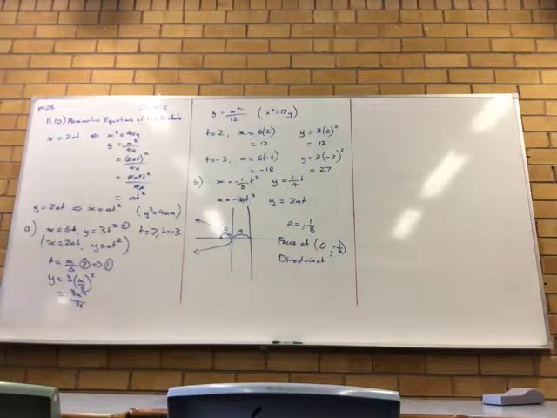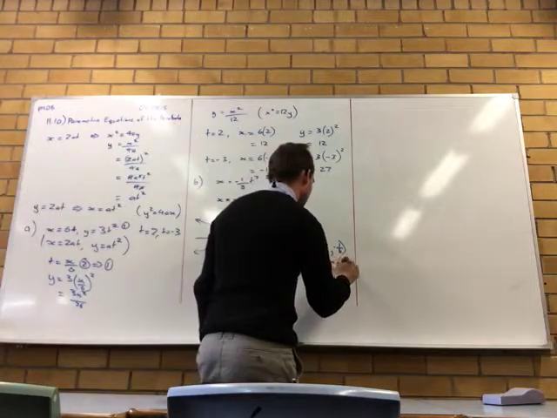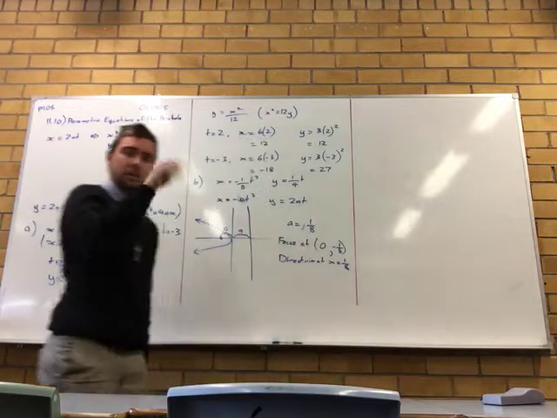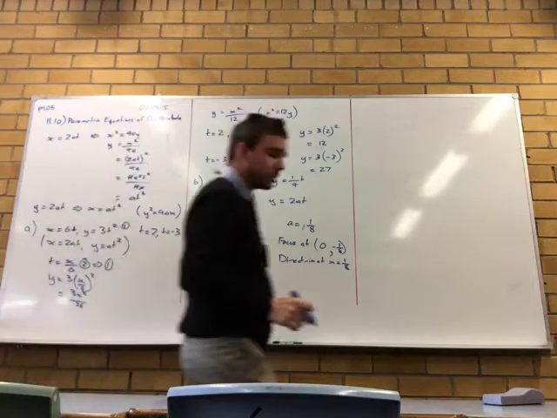What's the equation of the directrix? x equals 1/8. Good. So the equation starts with the axis the line crosses. It crosses the x-axis, that's what starts the equation, and 1/8 is the focal length. Good.